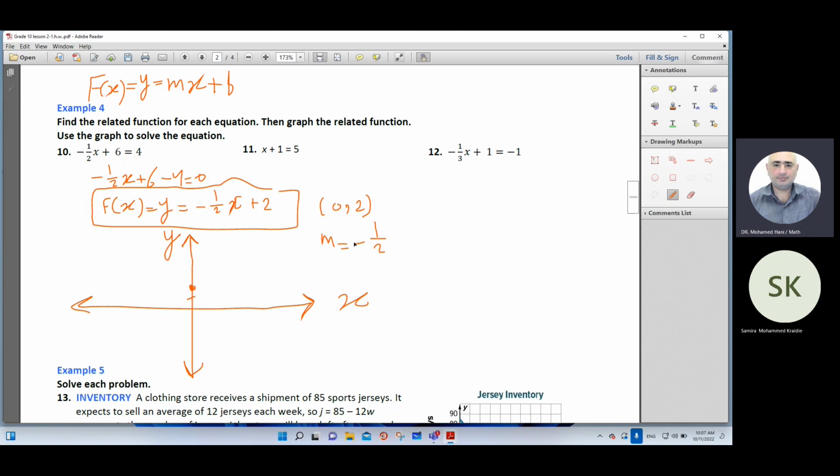Then, as you see, you have negative. Negative means go down. From this point, go down 1 unit. Then go 2 to the right. This is 1, and this is 2. So the second point will be here. Then you can connect the points.